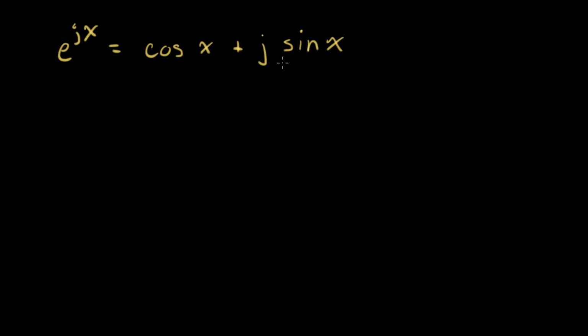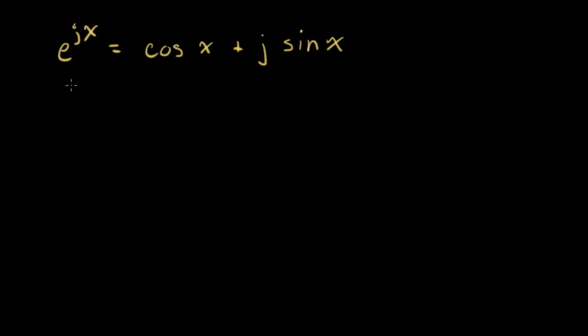And now we're going to look at this equation a little bit more. So this is the expression that relates exponentials that we love to sines and cosines that we love. And part of the price of doing that is we introduce complex numbers into our world. Here's 2 complex numbers. This is where complex numbers come into electrical engineering.